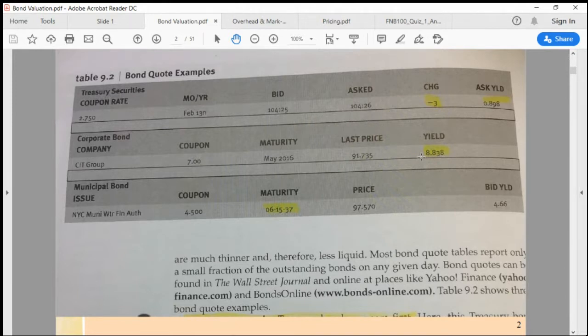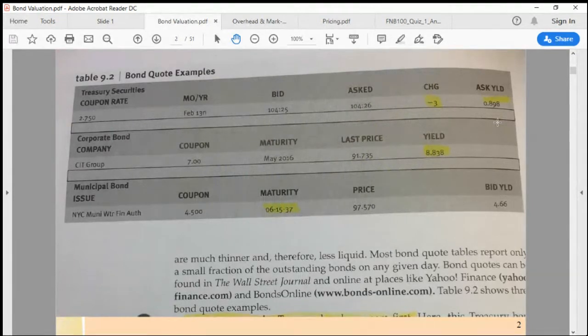Then the next column is yield. Look at the yield. There's change for the treasury, but what is common through all these three types of bonds is yield. And what is yield? We've been talking about this a lot. Yield is basically annualized return. Remember, I've been telling you, a bond is just like the house value example.